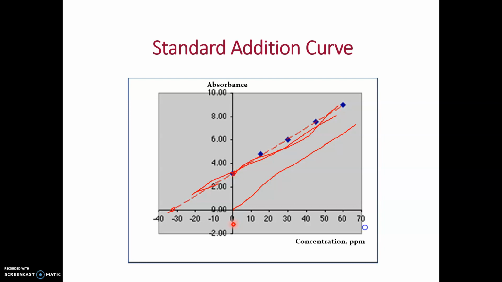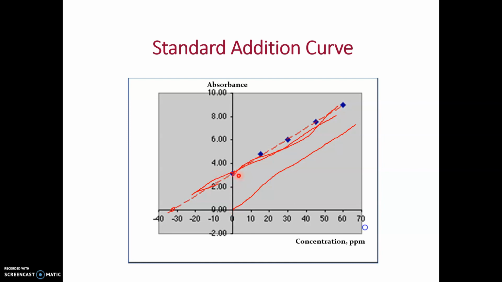Even though you don't add the standard solution into the first flask and just add the real sample, there is already an absorbance from the real sample, because the real sample already has the analyte. So it will not start from 0.